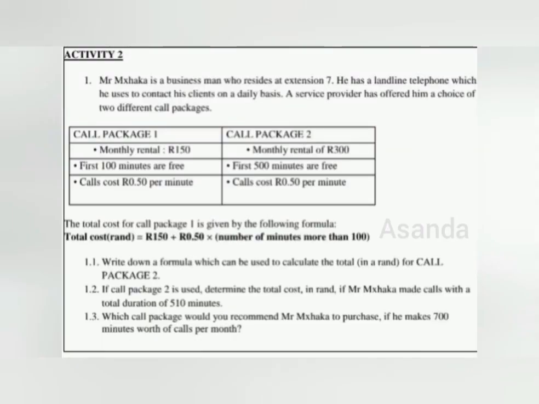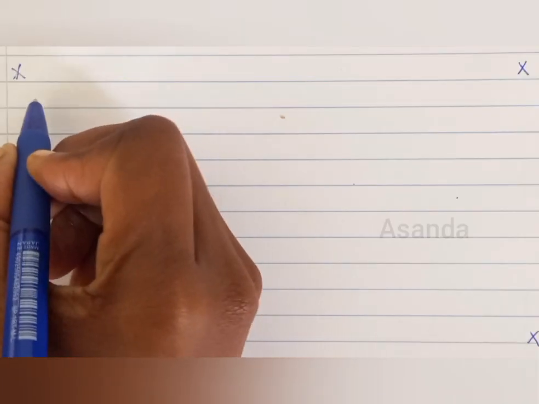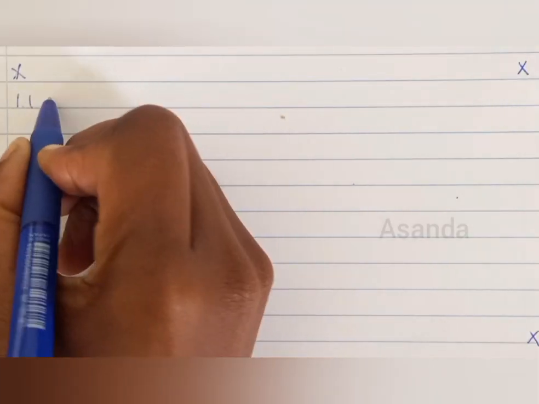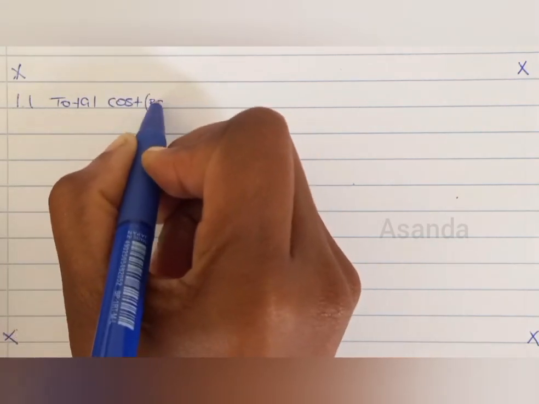1.1 says write down a formula which can be used to calculate the total in rands for call package 2. Now, if you look at package 1, it's similar to package 2. There's not that much of a difference except for the amount of rent and the amount of minutes that are free. So I'm going to copy them by saying that the formula for package 2 is total cost in rands.